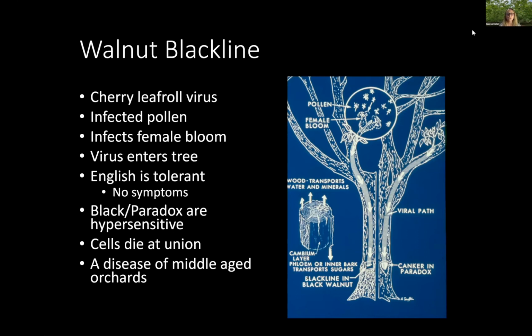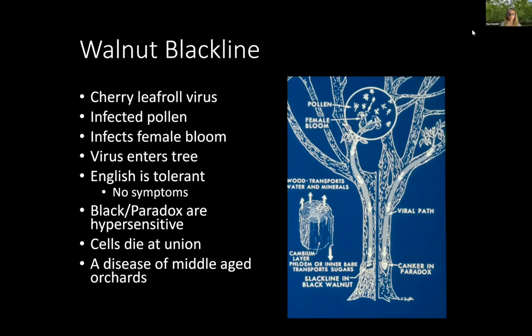You get a necrotic zone of dead tissue across the graft union because the two different genotypes, the two different plants, react differently to that virus, and the rootstock reacts in the sense that you get dead cells. So cells die at the union, and the tree on top is literally cut off from the ground and starts to die, whereas your rootstock is doing great and pushing out suckers and driving you crazy, while the top of the tree is starting to croak.